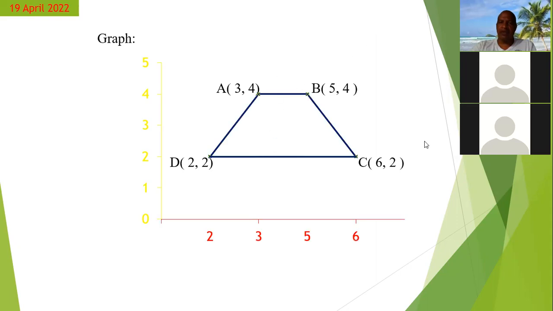What do you know about the area of a trapezium? Anything come to your mind, Miss Wilson, Miss Green? All right, so let me work that out for you then.